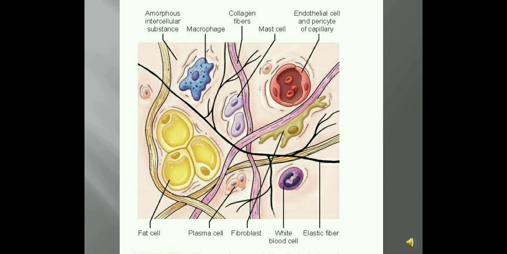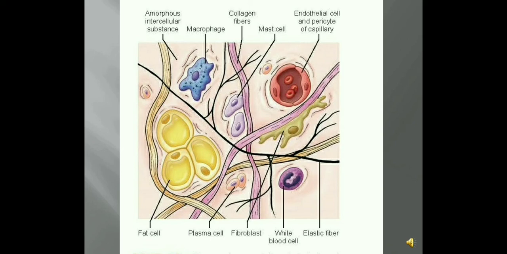Then we have the fourth cell, that is fat cells. These are also called adipocytes, and they have an eccentric nucleus. Why do I say the word eccentric? Because the nucleus is not present in the center, but towards the periphery. Now how does this nucleus come towards the periphery? That is because these cells store fat.